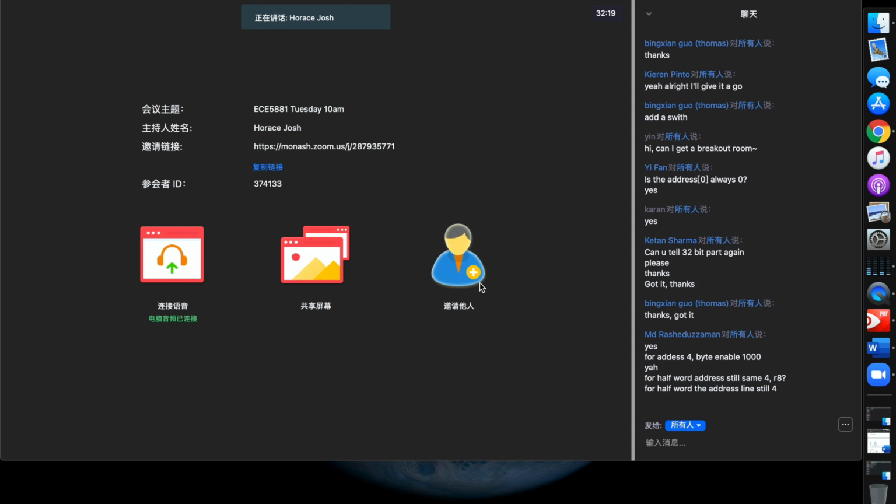So if you are accessing a subset of the word, then the address that is given on the bus would still be the start of that particular word, and the byte enable will specify what subset it is. Not sure if that answers your question.